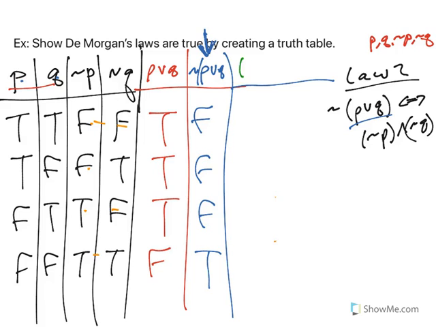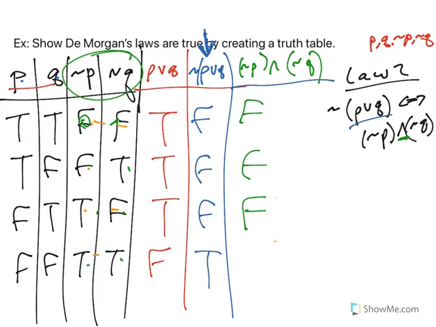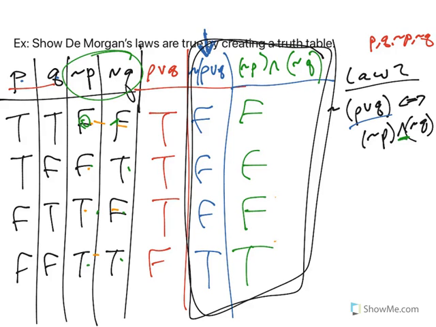Now let's look at not P and not Q. Because it's an and, a conjunction, both have to be true: false, false, false, true. Again, when you compare the two sides of this biconditional, they have the same lines in a truth table. So this shows the second De Morgan law to be true based off of a truth table.